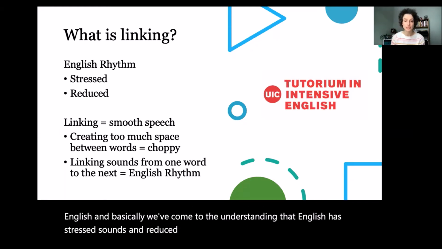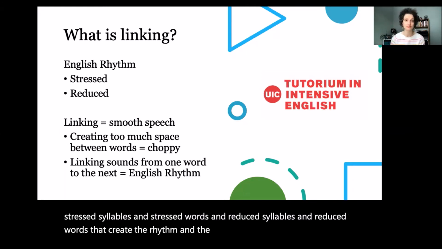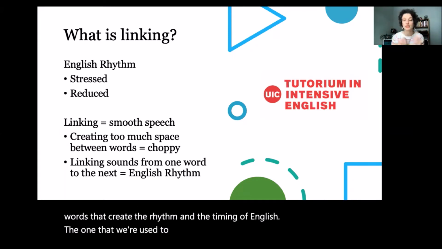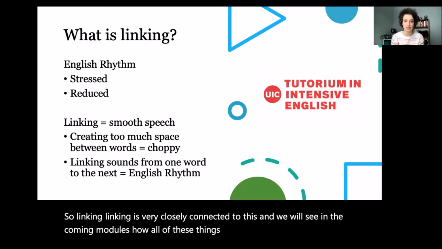It's the alternation of these stressed syllables and words and reduced syllables and words that create the rhythm and the timing of English, the one that we're used to hearing. Linking is very closely connected to this, and we will see in the coming modules how all of these things are constantly working together to create the rhythm.